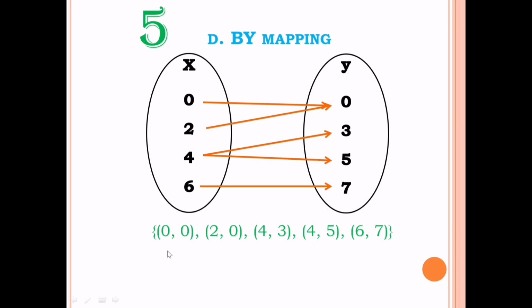If the domain repeats more than once, then it's not a function. It's just a relation. In this case, (0, 0), (2, 0), (4, 3), (4, 5), (6, 7). So 4 repeats more than once in the domain, then this is a relation. But what kind of bi-mapping is this?